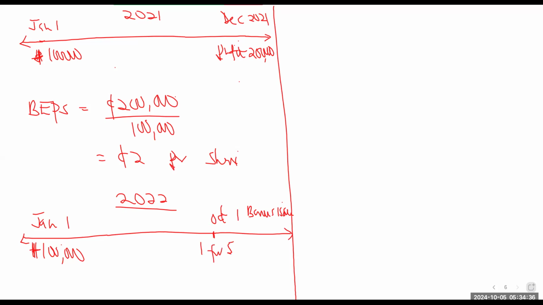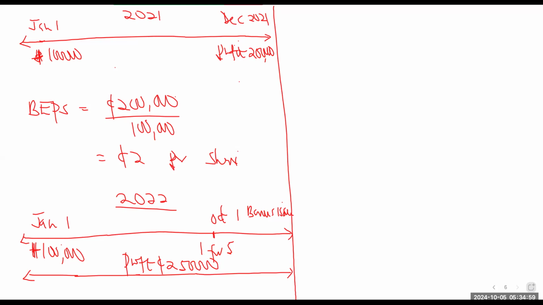And the profit for this year was actually 250,000. So they are asking you to calculate the earnings per share. The earnings per share with what?